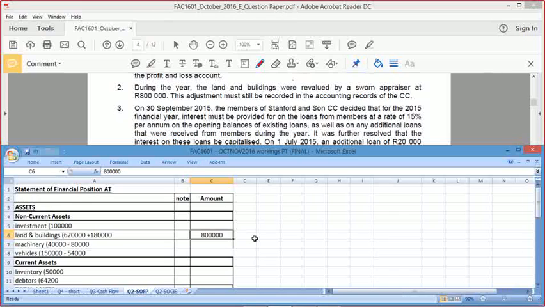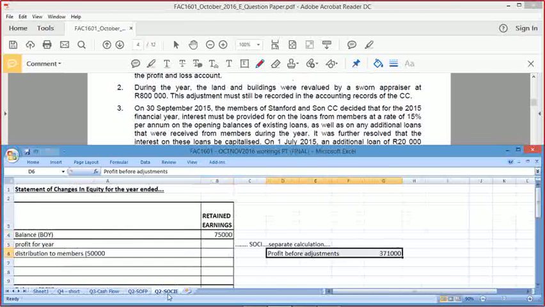Do I have to record it somewhere else as well? Well, it's going to affect land and buildings, and? Your equity? No, not your equity. Fair value adjustments. Yes. Okay, land and buildings fair value adjustment.